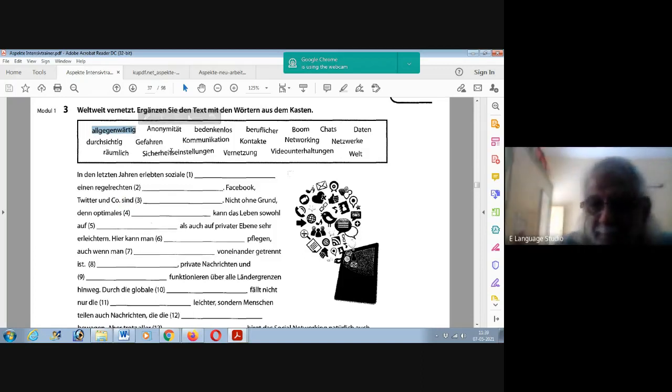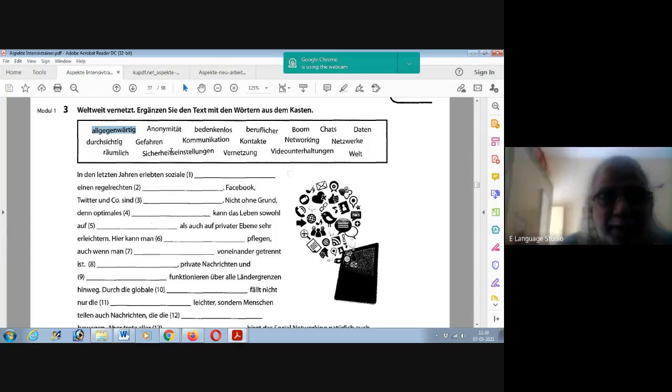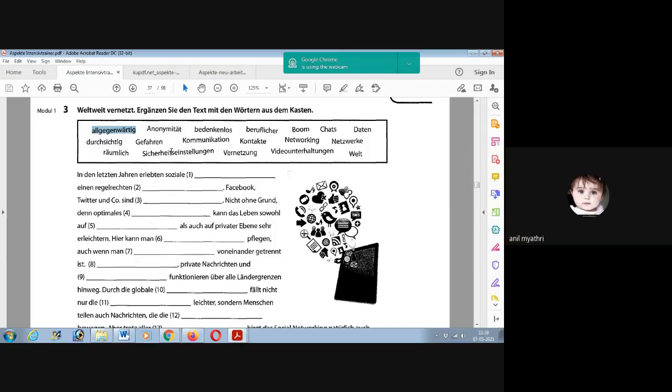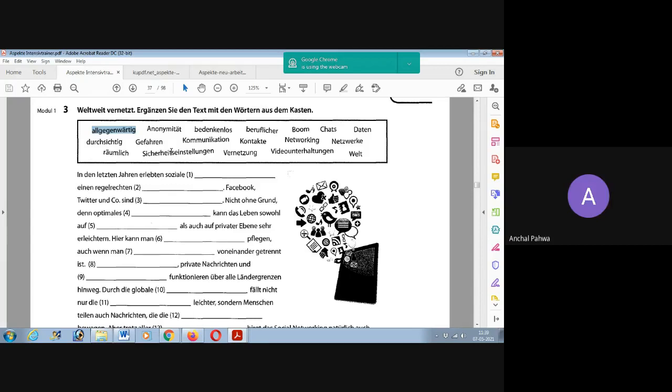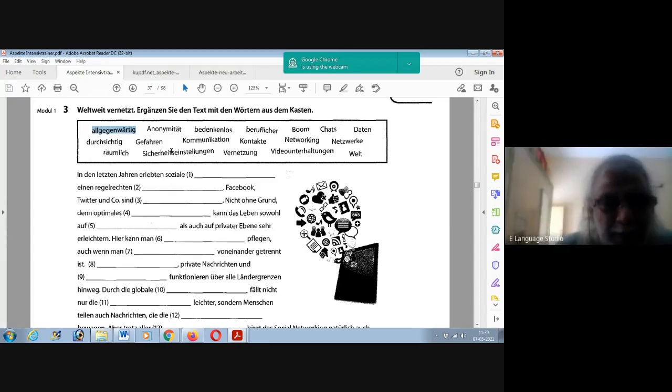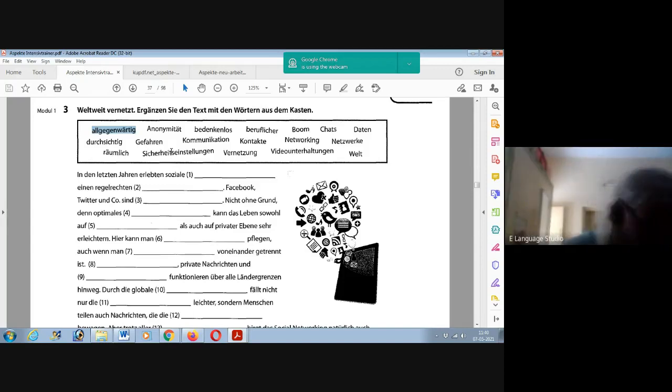Was bedeutet Gegenwart? Present. Vergangenheit, Gegenwart und Zukunft. Present. Also was bedeutet allgegenwärtig? Presently. Als Adjektiv?